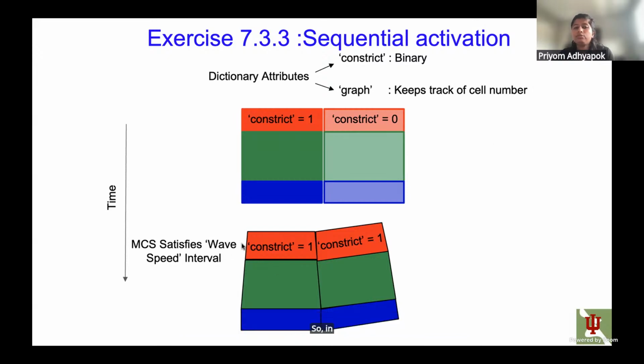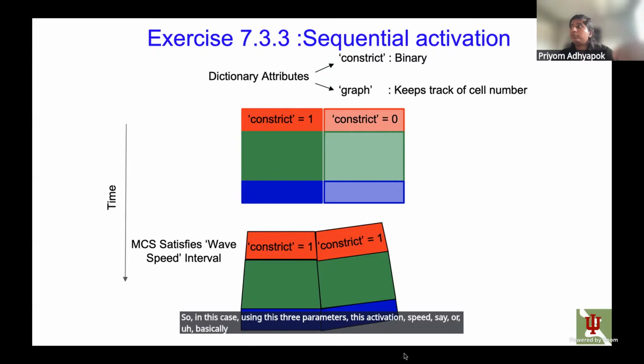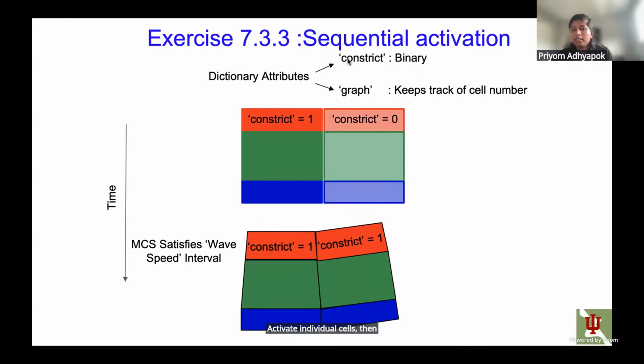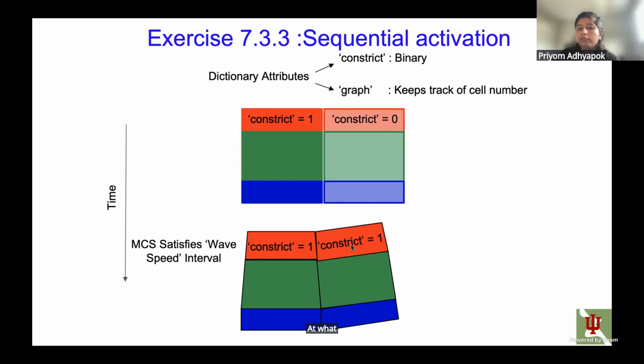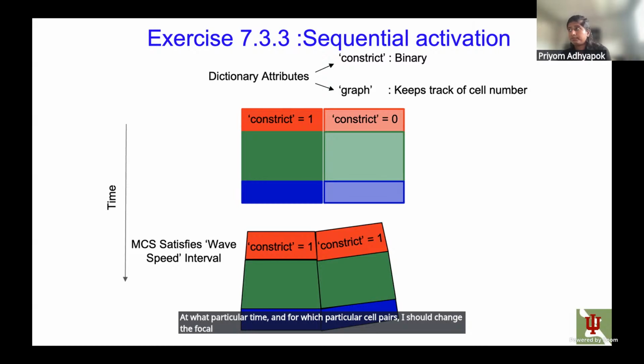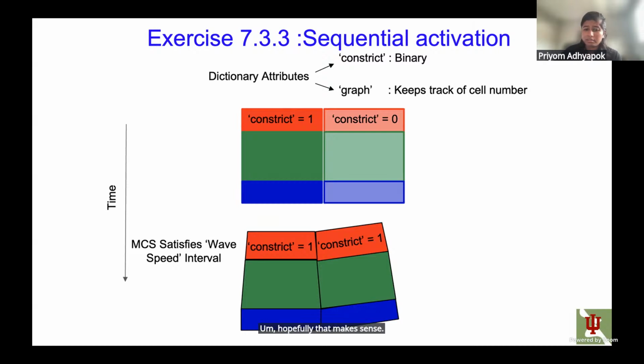So using these 3 parameters, this activation speed, or basically how fast you're able to activate individual cells, then looking at their individual dictionary attributes of constrict and, say, graph, and by the way, these could be any names that you pick for a simulation, I'm able to decide at what particular time and for which particular cell pairs I should change the focal point plasticity parameters. Hopefully that makes sense. Please stop me if it doesn't.